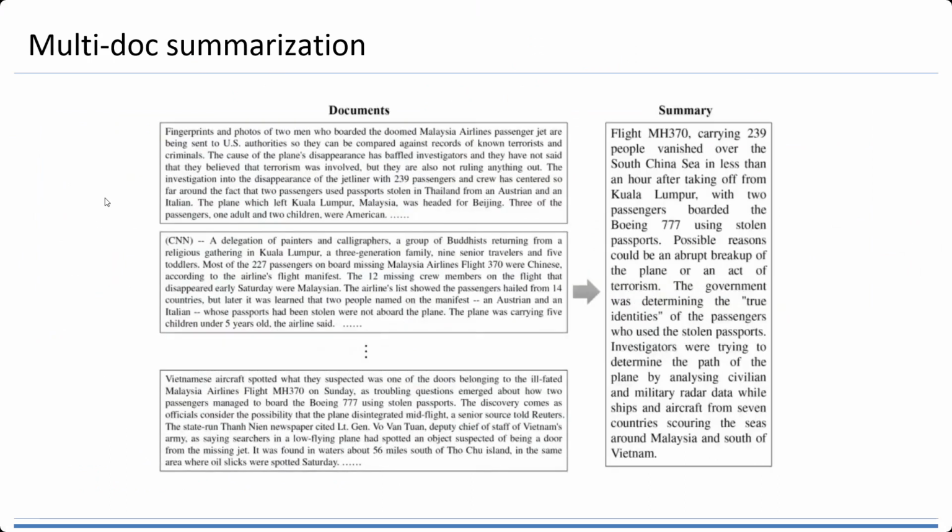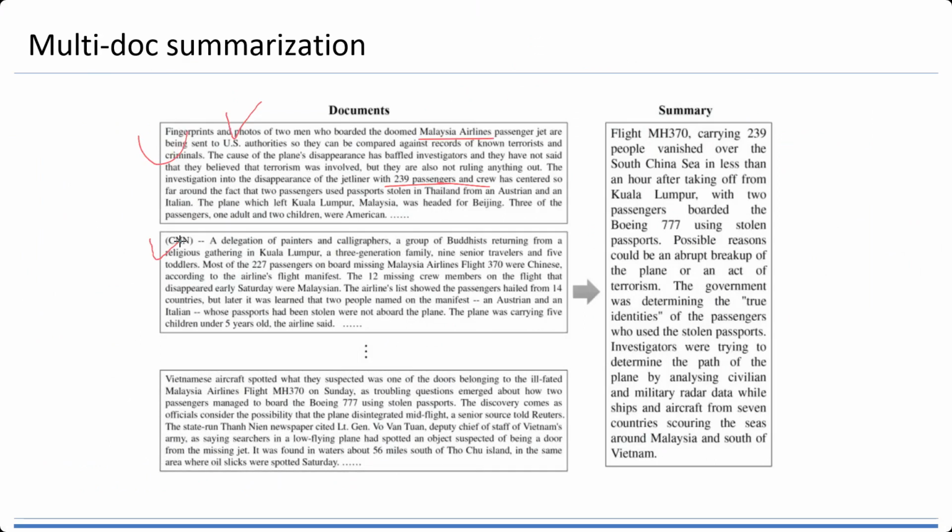Or we can have several documents or multi-document summarization. So this is a document about the Malaysia Airlines flight, which crashed and caused some casualties. There are 239 passengers and crew died because of this crash. So this is the first news.